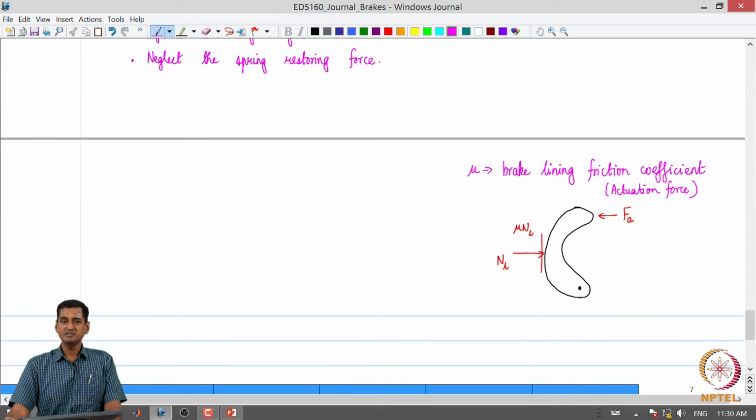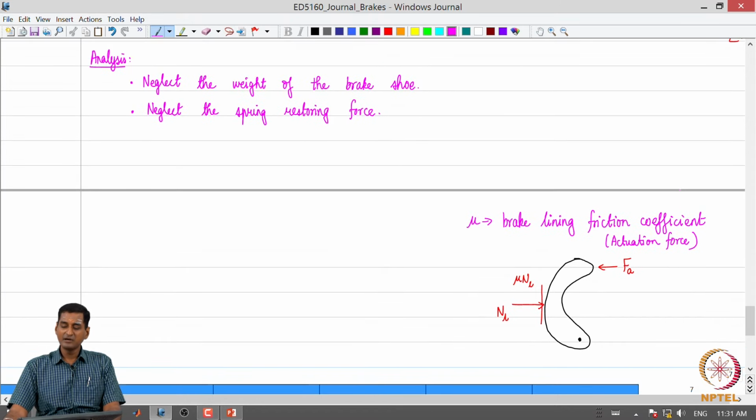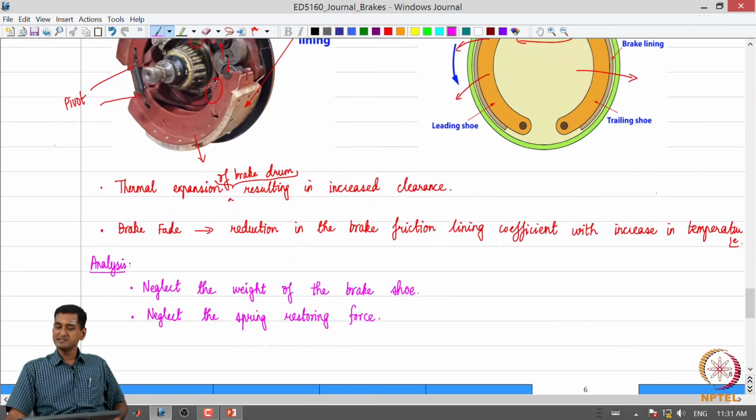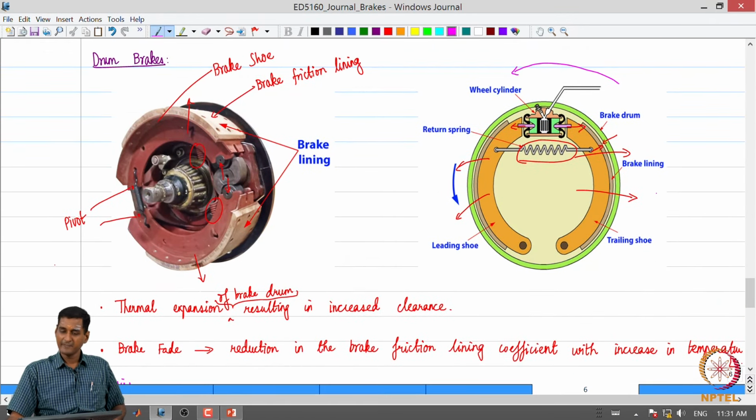Now, should this mu N_L be pointing upward or downward? Let us reason it out by looking at this figure. We see that the drum is rotating counterclockwise. Let us say, just to understand what is going on, I am at this point. On the drum the braking process will generate a clockwise torque.